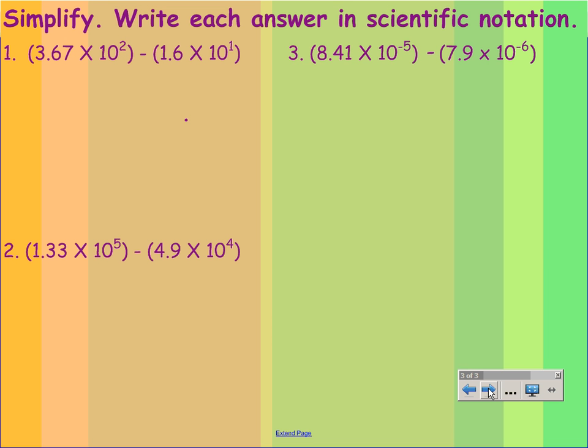What I want you to keep in mind, as you're checking this with your calculator, is this. Let's think about this. This is just sort of a side note. 3.67 times 10 to the second would really be 367.